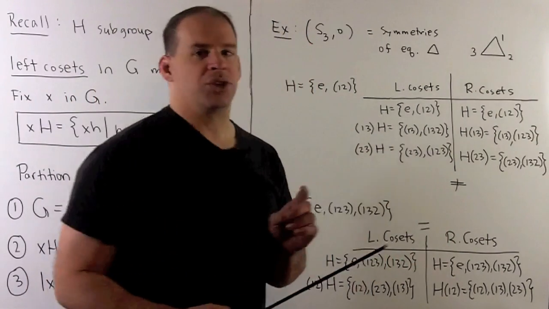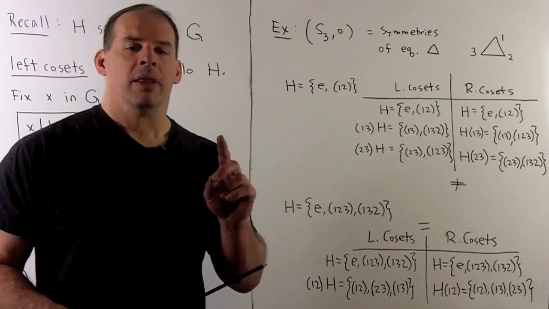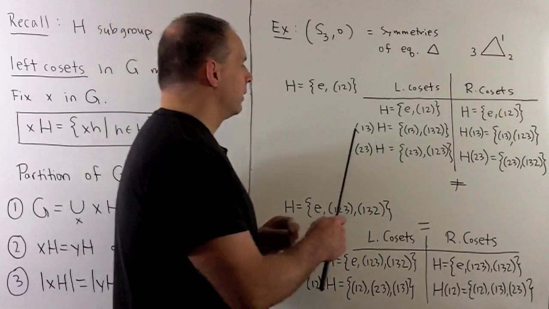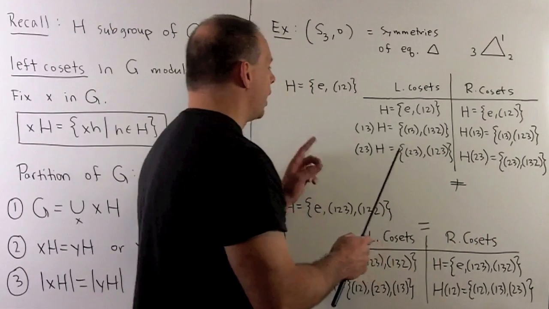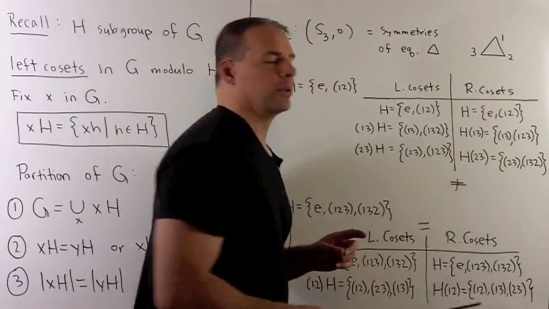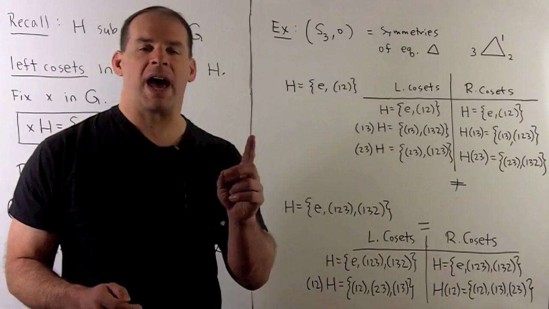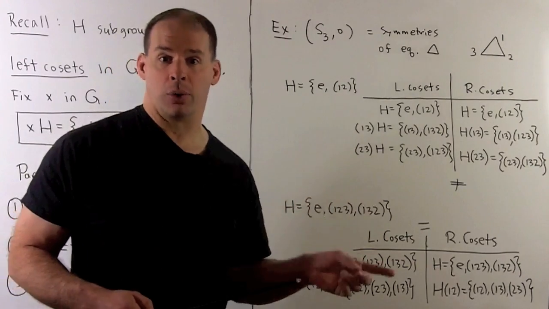So the left cosets are not equal to the right cosets. Now, the thing to note here, this isn't just a matter of pushing the element to the other side. They're not equal. But I also have that this coset here is not equal to this coset here. So somehow when we jump to the other side, the points are being rearranged in a way that we don't even land on another coset.